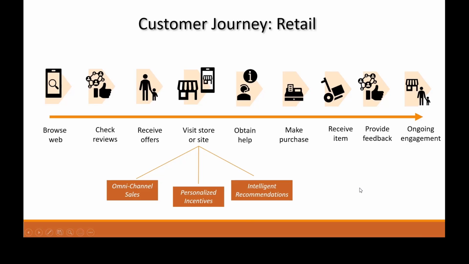For example, when looking at products, a customer these days expects to be able to do it on their phone, on their computer, in a car. It needs to be omni-channel. Customers respond positively to personalized incentives.